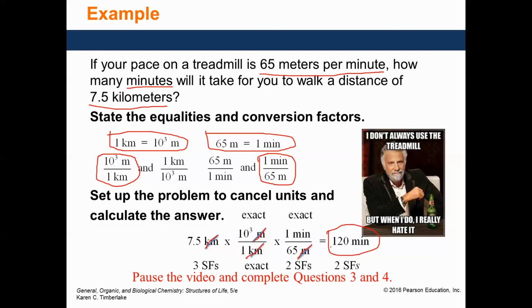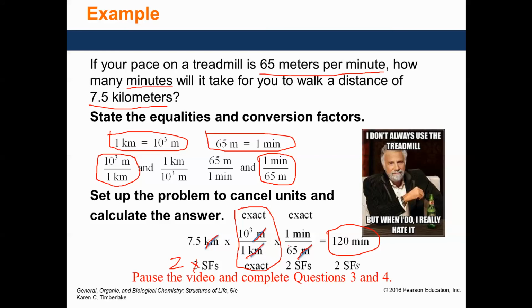So there's our time. And so looking at our sig figs here, oops, looks like they made a mistake. The publisher made a mistake here. This should actually be 2 sig figs. You'll see mistakes pop up sometimes in these slides, unfortunately. And we'll just kind of go through and try and correct them when we find them. This is exact because meters and kilometers are in the same measurement system, and therefore it won't affect our sig figs.